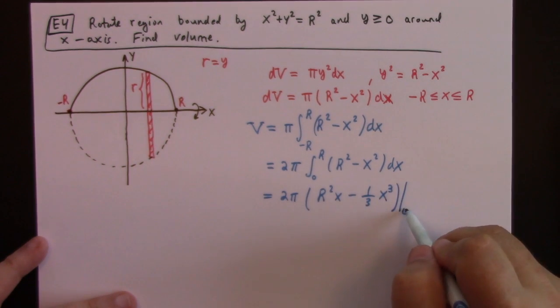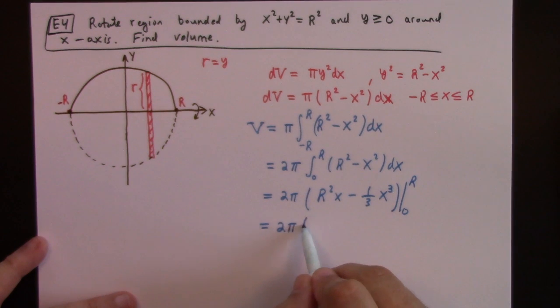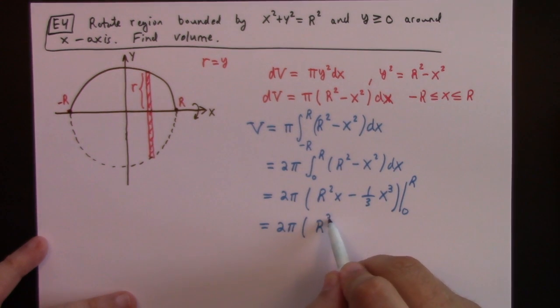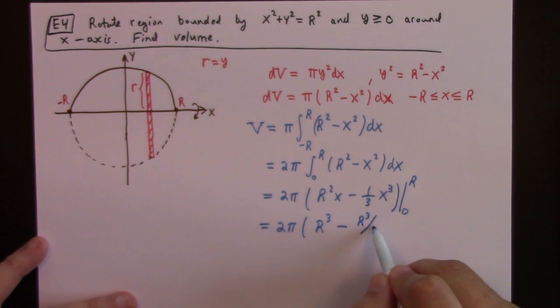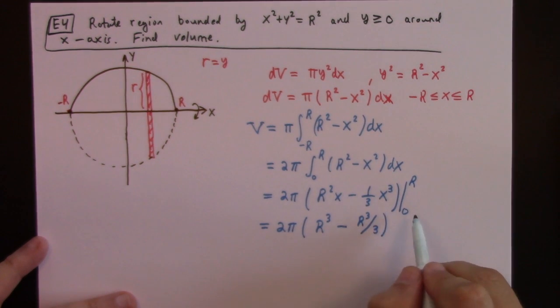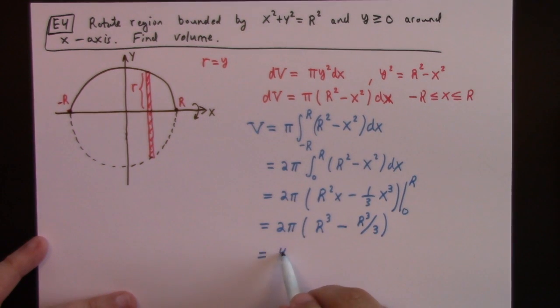I have to evaluate that from 0 to r. What does that give me? 2 pi times r cubed minus r cubed over 3. 0 evaluates to 0. This is 1 minus 1/3, which is 2/3, so there you have it: 4/3 pi r cubed.